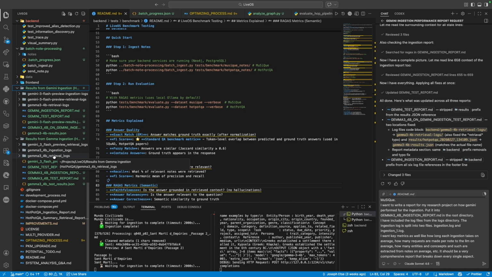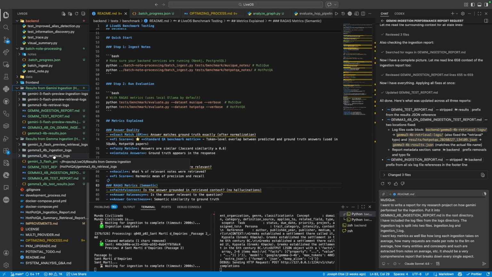So we have the brain of the system, which is a Neo4j graph database. In the ingestion process, the model looks at what it is being fed, extracts all the key relevant information from that, and puts it into the brain.